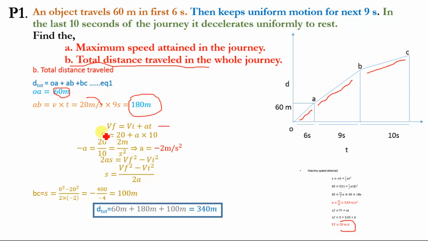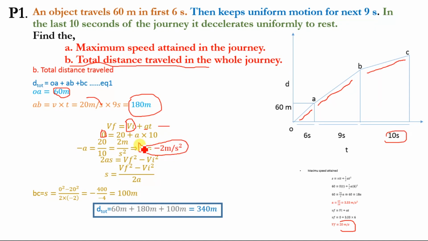Here the final velocity will be 0 because the object stops at the final position, and we will use the initial velocity as 20 meter per second plus A times t. Here we will determine A, and the time t is 10 seconds. Putting these values in this equation, it becomes 0 is equal to 20 plus A multiplied by 10, which gives A is equal to minus 2 meter per second square.